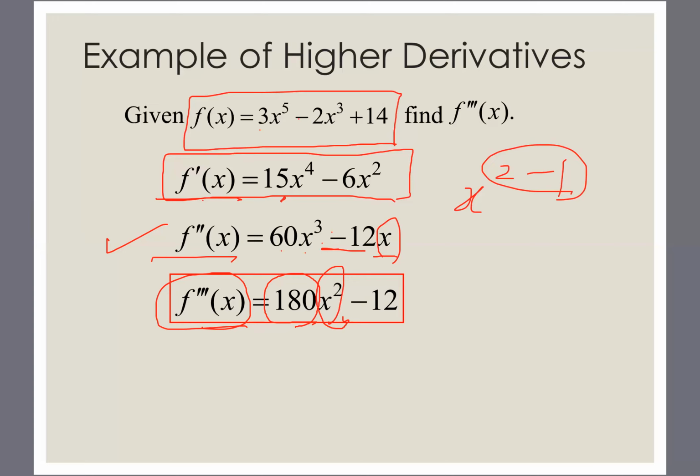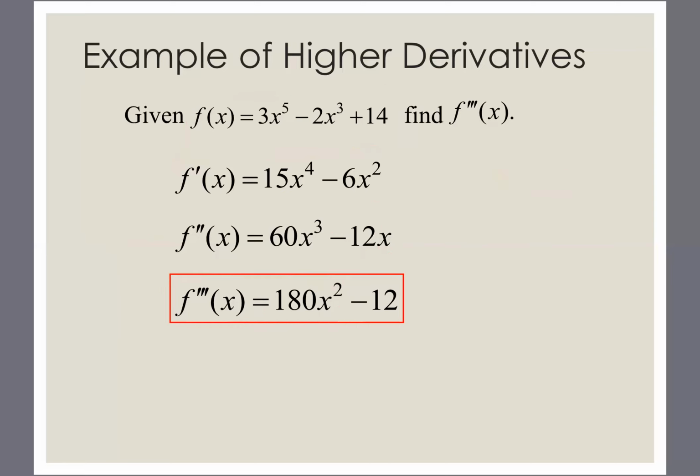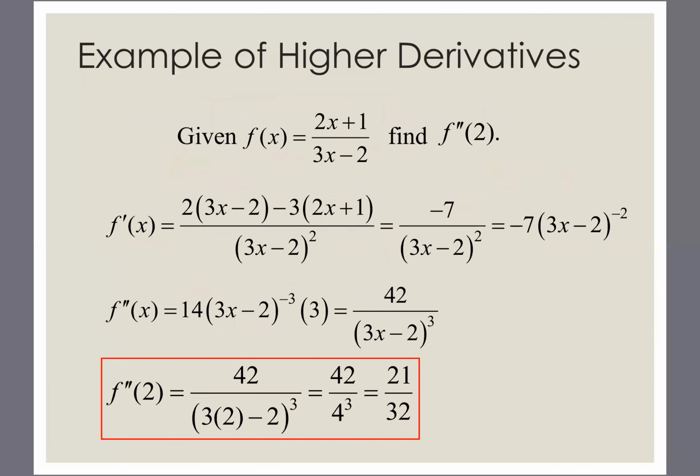And when I differentiate 12x, it becomes only 12. You can see. Okay, so this is the third derivative. Likewise, you can get higher derivatives of the given function. This is also one more example.